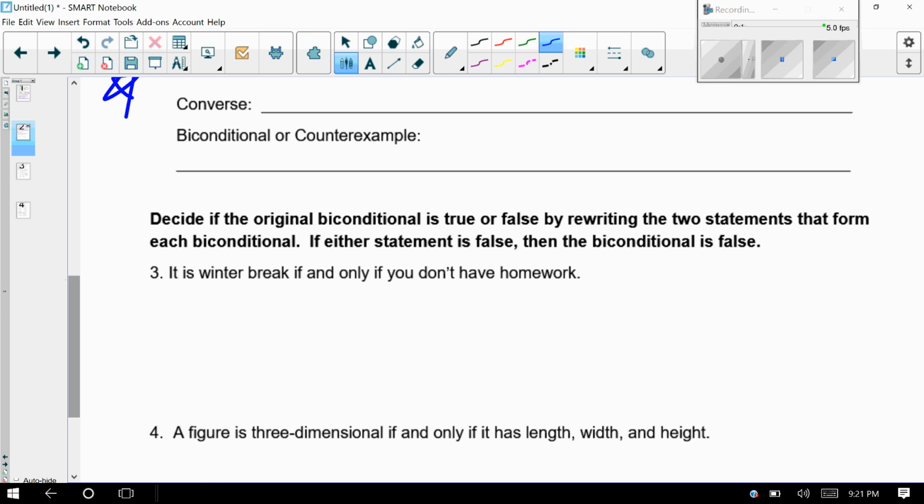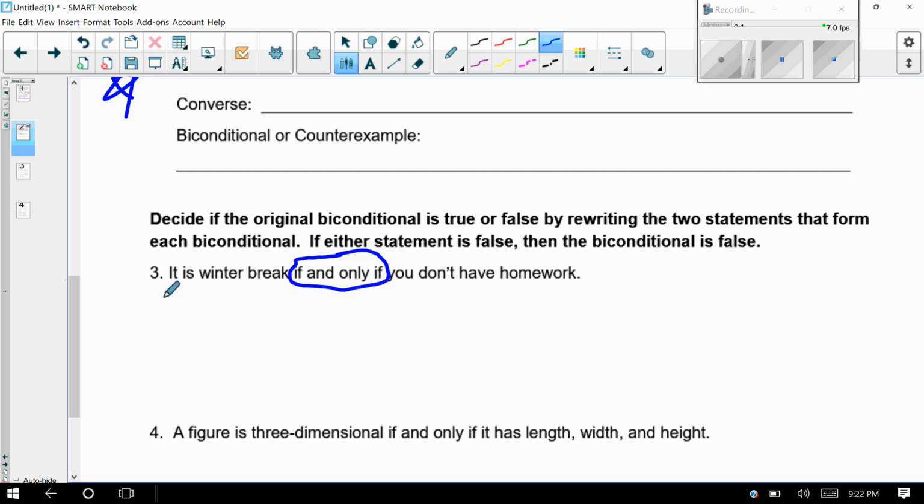Decide if the original biconditional is true or false by rewriting the two statements that form each biconditional. If either statement is false, then the biconditional is false. So remember, both have to be true for this to be true. I'm going to underline or circle the if and only if for you, because this is where we're going to put the then. So we're going to say, if it is winter break, then you do not have homework. And if you do not have homework, then it is winter break.